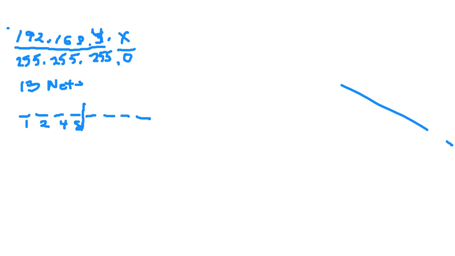So normally you always number them from the right to the left, so it would be 1, 2, 4, 8, 16. Not this where I'm numbering from the left to the right. This is only for determining how many bits we are going to borrow. So now we're going to figure out what our subnet mask will be for each of these subnets.